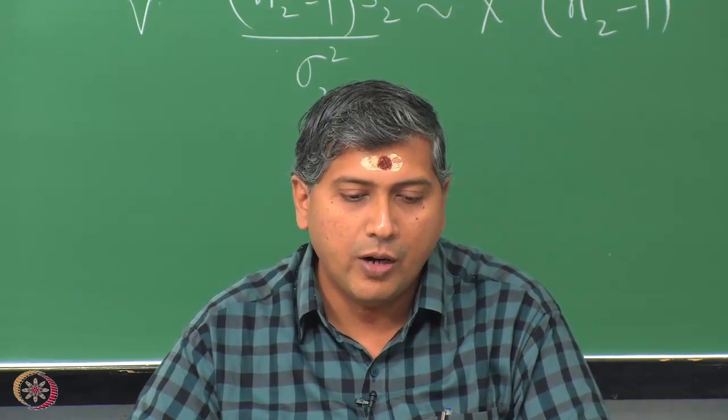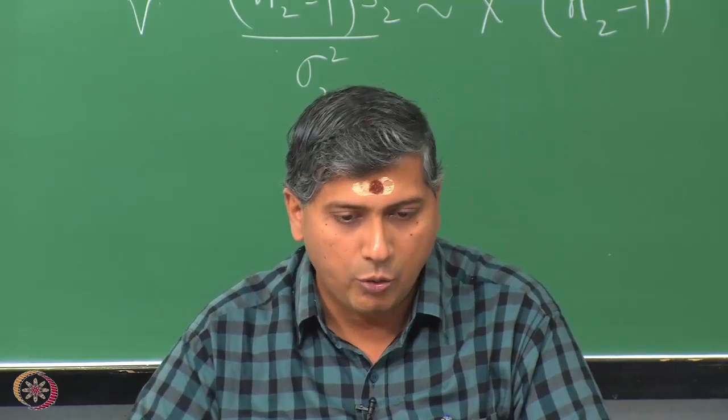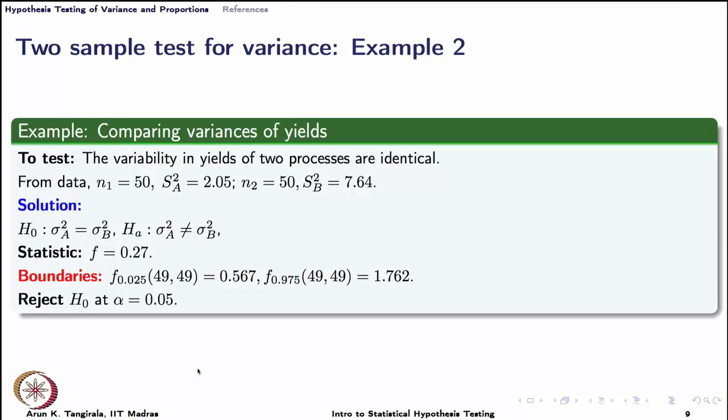All 3 therefore, now tell us, in fact, we have not computed the lower and upper bounds, you can do that, or I have given that in the slide for you. The lower and upper bounds are given for the critical values, and the observed statistic falls outside this acceptable region, therefore, we reject the null hypothesis.